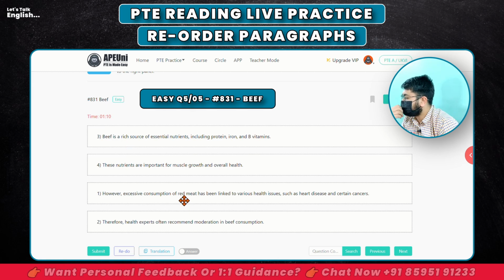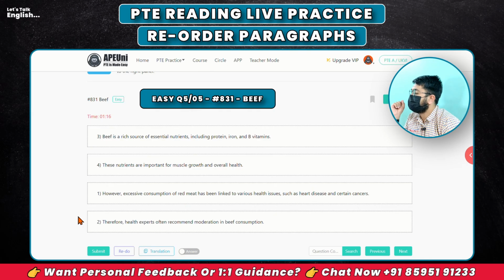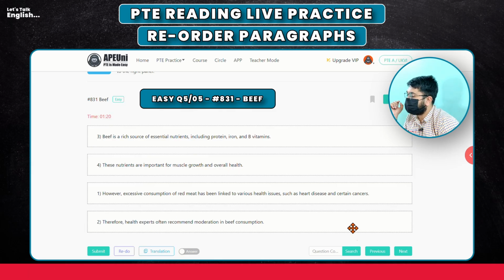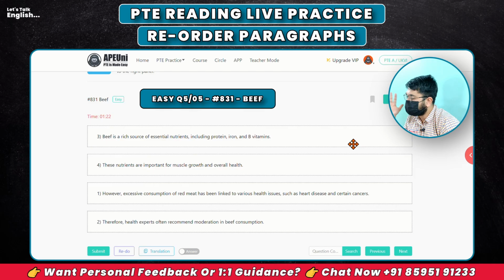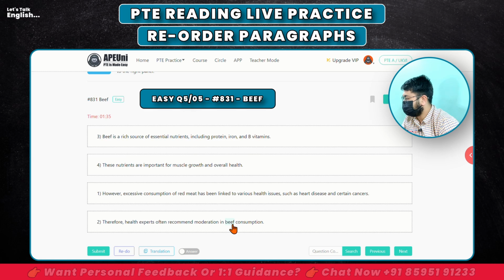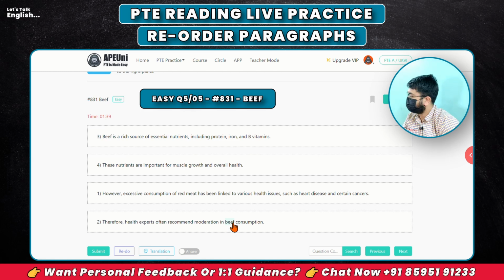Okay, however, excessive consumption of red meat has been linked to various health issues such as heart diseases and certain types of cancers. Therefore, health experts often recommend moderation in beef consumption. अगर आप देखोगे ना 3, 4, 1, the first 3 sentences, they kind of are detailing out on this. And lastly एक suggestion है which starts with therefore. So it is in itself a very conclusive sentence, and therefore I think we are sitting at the right pair, 3, 4, 1 and 2.